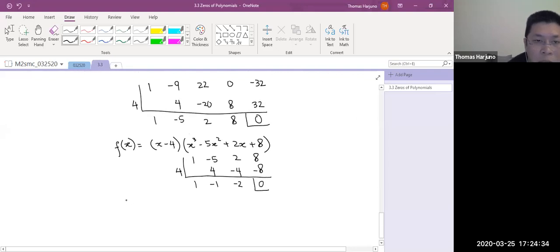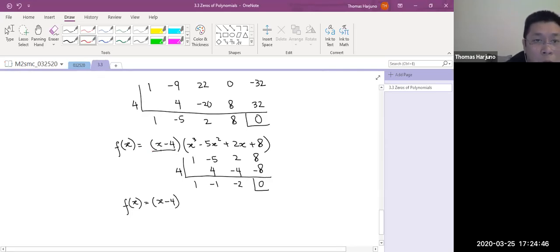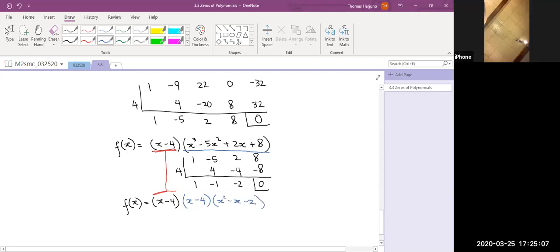Now you see that I can update my function into partially factored form. This first x minus 4 comes from here. Oops. It comes from here. While this guy here now becomes x minus 4 times x squared minus x minus 2. Do you see that? Yes.